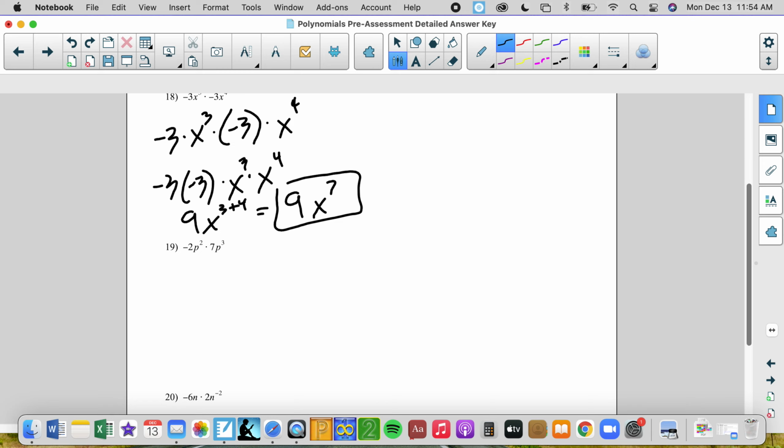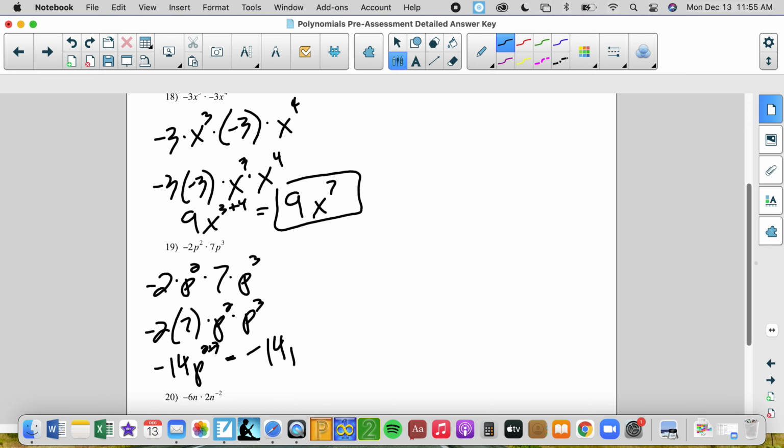Number 19, negative 2 times p squared times 7 times p to the third. Constants, like bases, gives me negative 14p to the 2 plus 3, or negative 14p to the 5th.